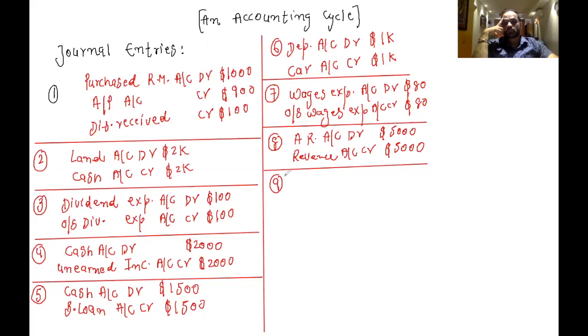Anything else? Debit each is 2,500. That's it. Yeah, I think so. This one is right, but it hasn't finished.